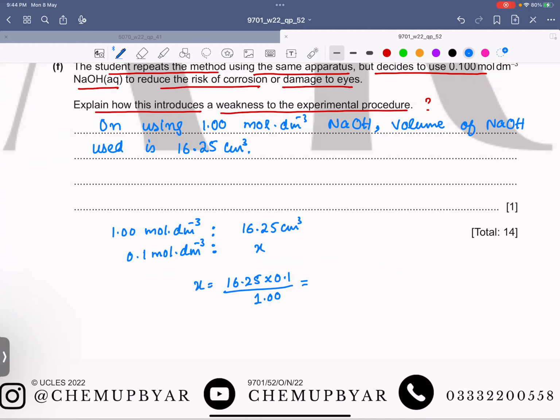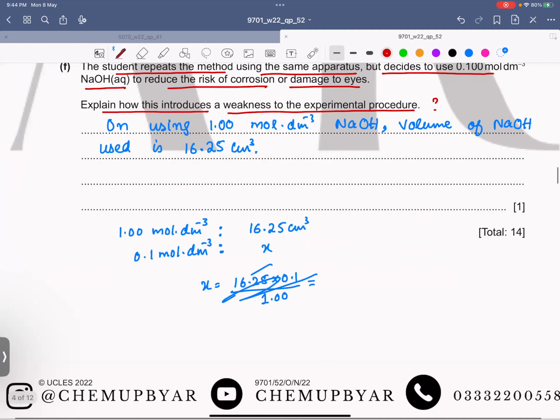This calculation is wrong. The formula of the concentration is basically moles over volume, right? So we need the same number of moles.